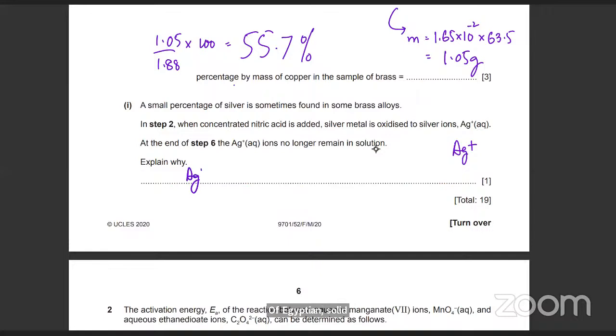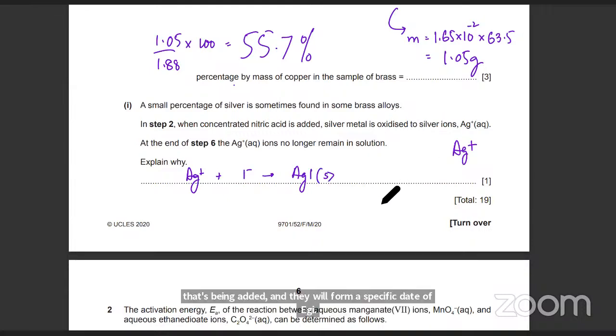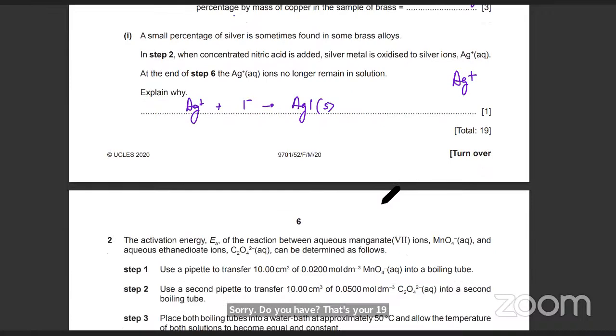The silver ions will react with the KI being added in step 6, and they will form a precipitate of AgI solid. It's a test for I minus. That's your 19-mark question, the first one.